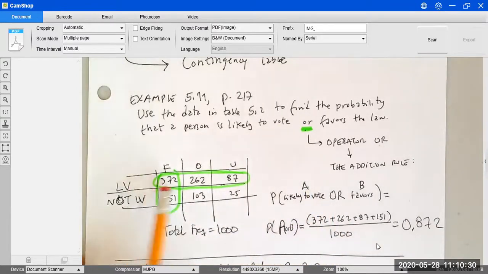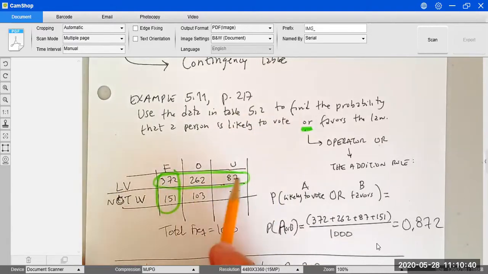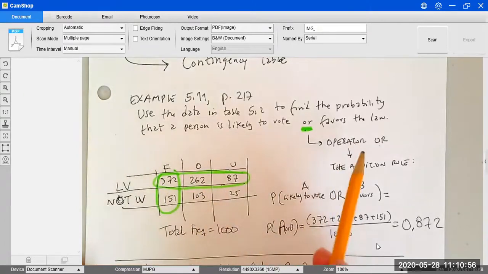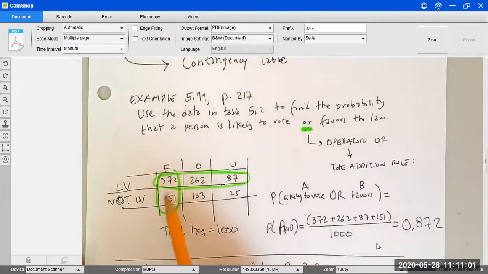So I have here the table. So the person is likely to vote. So likely to vote is the first row. So all these frequencies are for a person who is likely to vote. So I'm going to add 372, 262, and 87 here. But I also need to get now the frequencies for the other event, favors the law. The frequencies that indicate that the person favors the law are the first column.